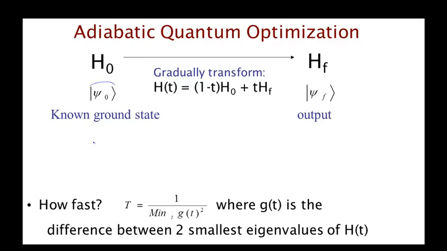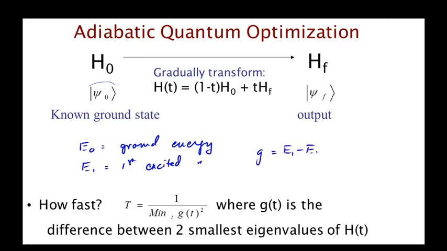So if E naught is the ground energy and E1 is the first excited state's energy, then the gap is E1 minus E naught. And so how fast you can go depends upon the smallest gap during this transformation.